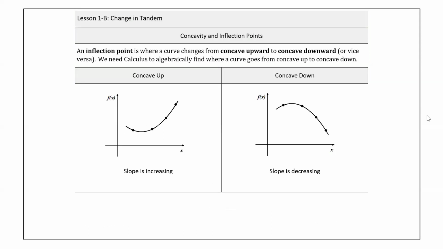Now, coming up, we're going to talk about what's called points of inflection and concavity. Okay, concavity and points of inflection. An inflection point is where a curve changes from being up to becoming down. Okay, that's what an inflection point is. When does that happen? At this level, mathematically, we're not able to calculate that.